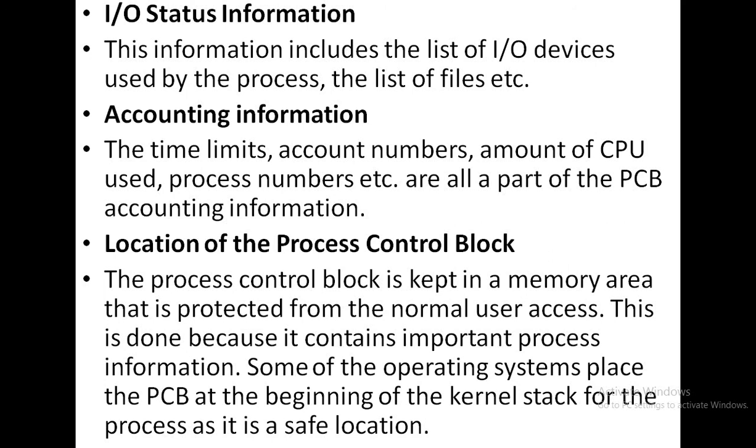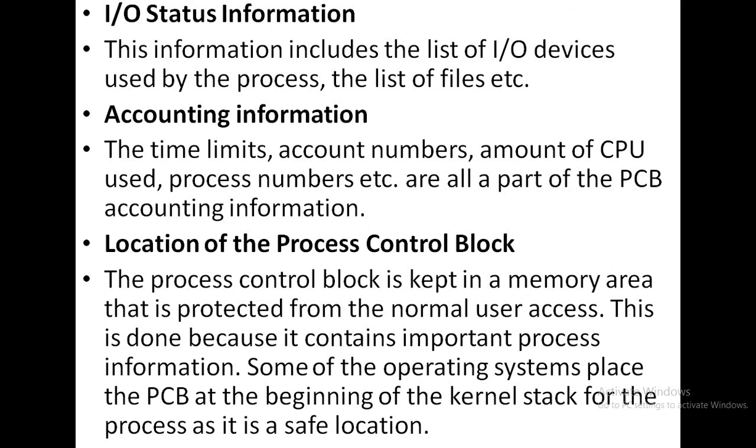Next is the location of the process control block. So the process control block is kept in a memory area that is protected from normal user access. That means inside the computer system, the PCB is kept in a memory area that is securely protected from the normal user access.